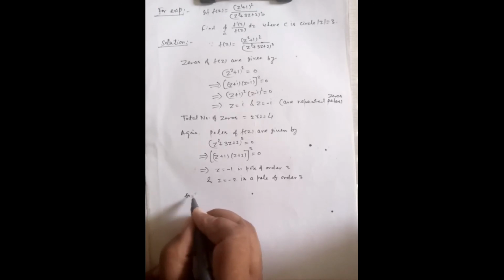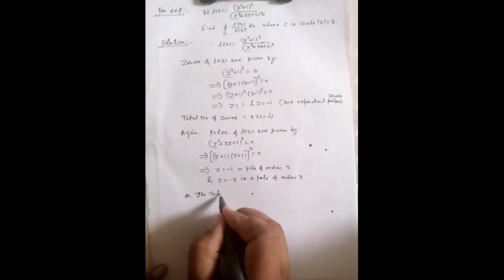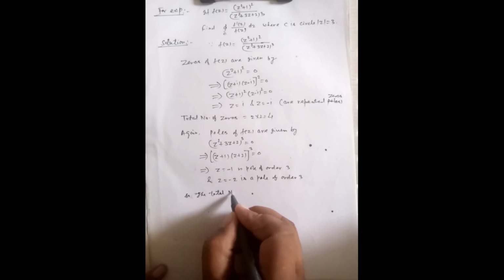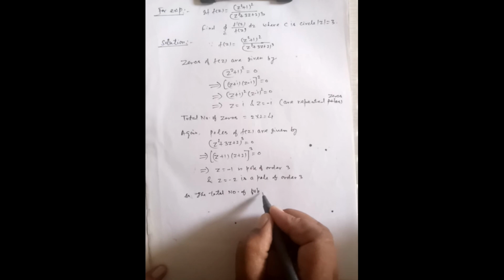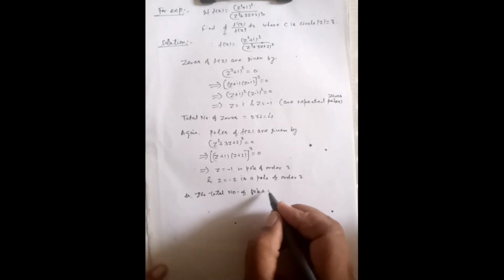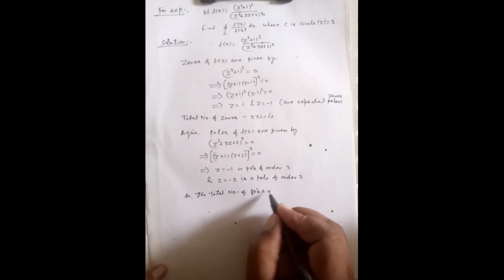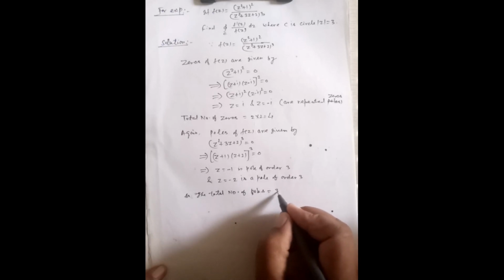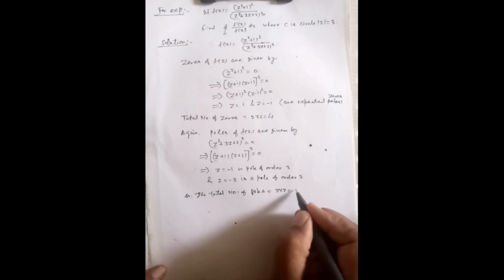So the total number of poles is 3 into 2, that is 6.